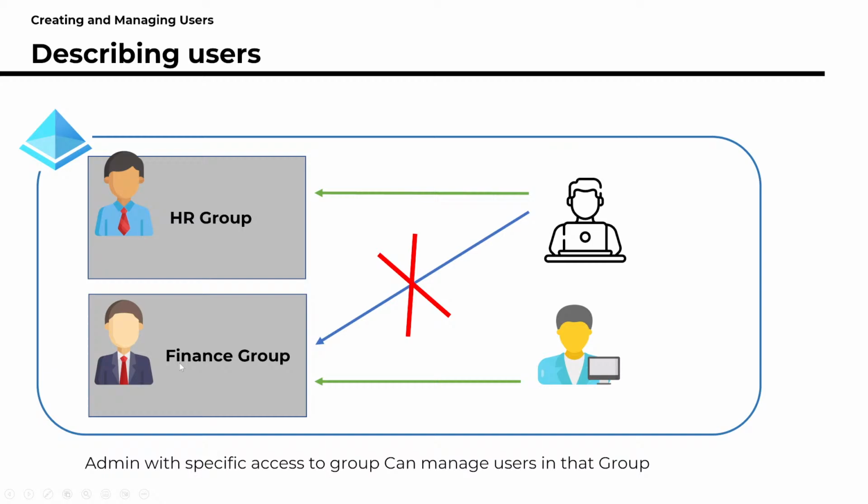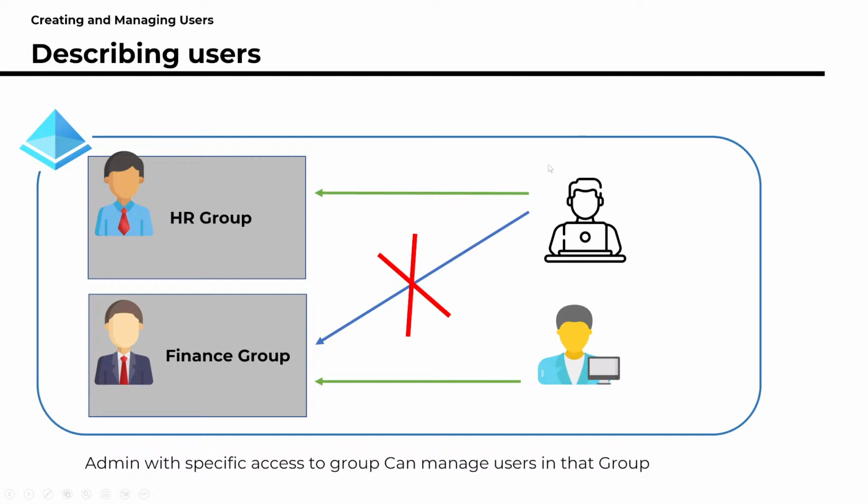Whenever any user management ticket or request comes up to update the information in a user profile for the finance group, only the administrator who has access to that finance group can manage or edit the group, and the owner of the HR group will not have access to the finance group unless it is provided explicitly.